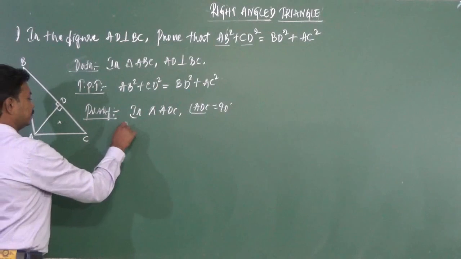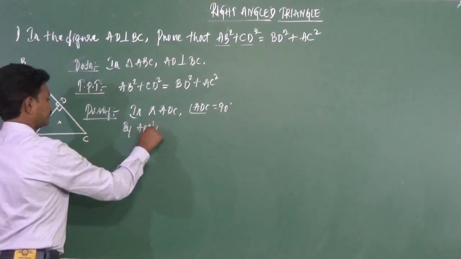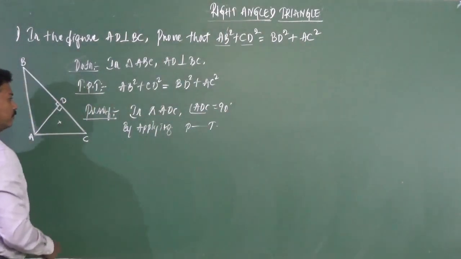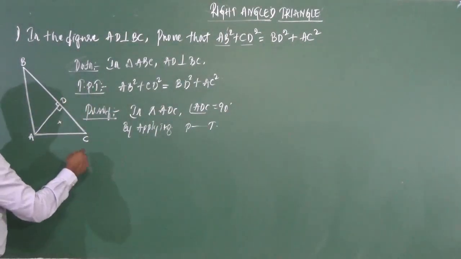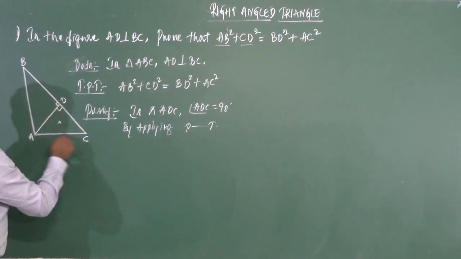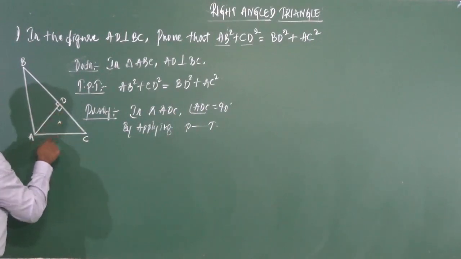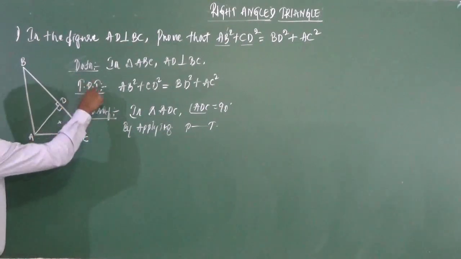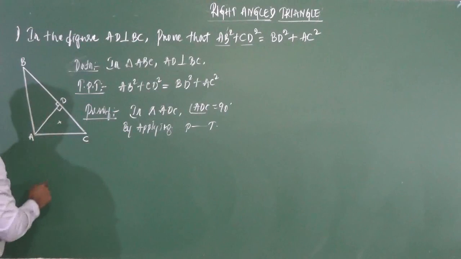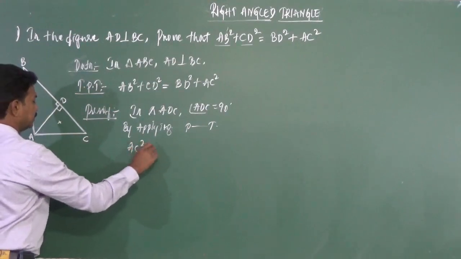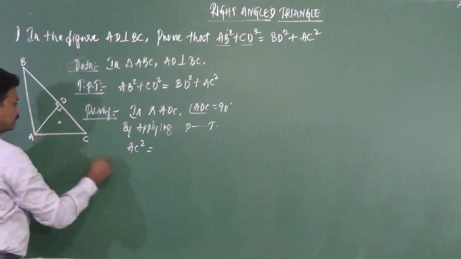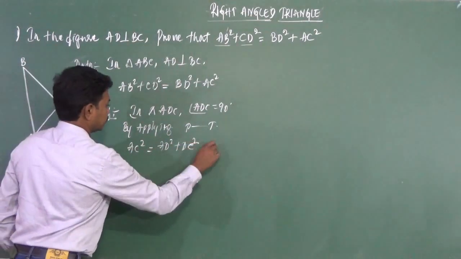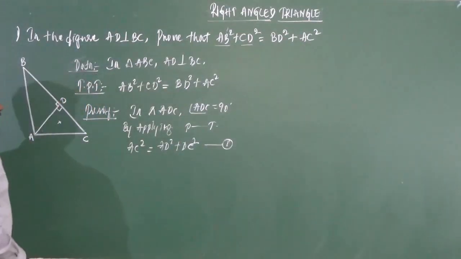By applying Pythagoras theorem, please write the full format. In triangle ADC, angle D is 90 degrees, so opposite to that is AC, which is the hypotenuse. The square on the hypotenuse is equal to the sum of the squares on the other two sides. So this can be written as AC square is equal to AD square plus DC square. Let us take it as equation 1.